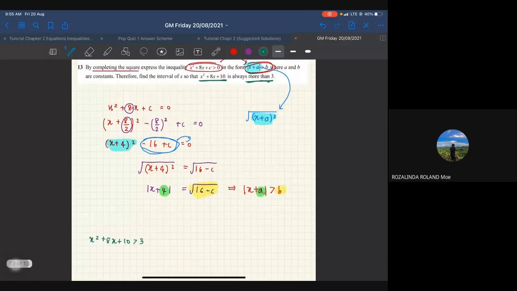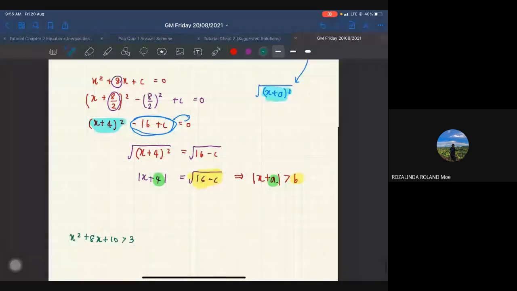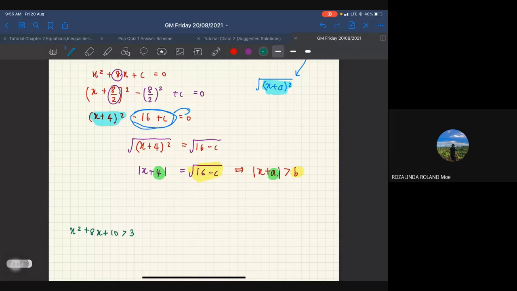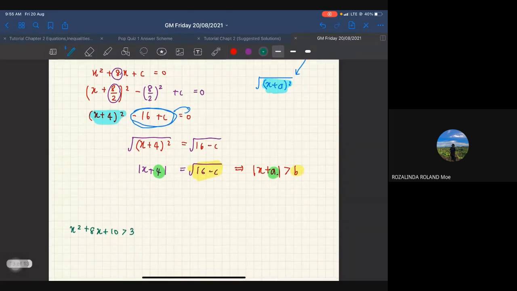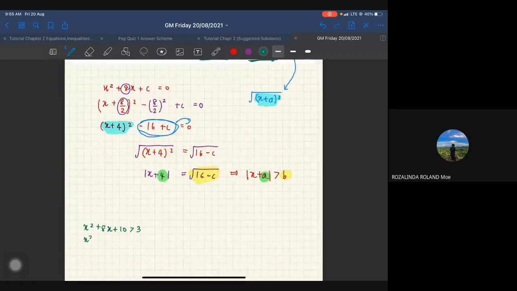Sorry, this one sepatutnya greater than. Sorry, saya tak perasan tadi. Ini greater than as well.